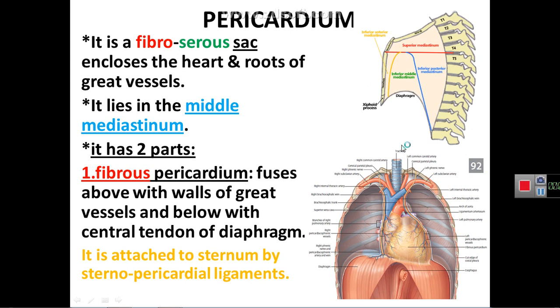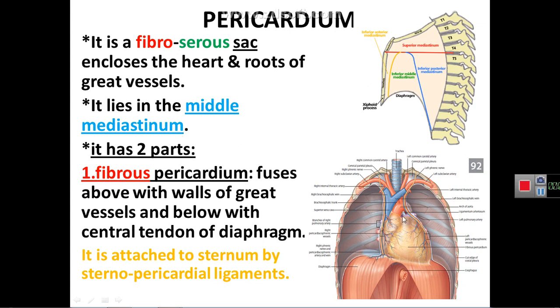That's why in anatomy we say that the inferior mediastinum below the imaginary line is divided by the pericardium into anterior, middle and posterior mediastinum. The anterior mediastinum is anterior to the pericardium, and the posterior mediastinum is behind the pericardium. The pericardium itself is the middle mediastinum. So as it is written here, the pericardium lies in the middle mediastinum.